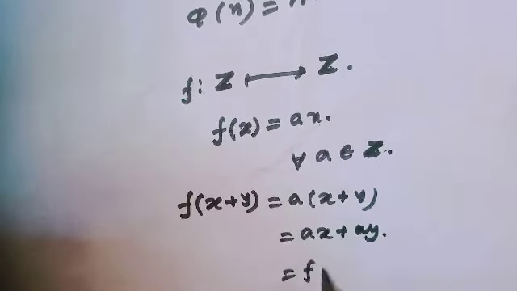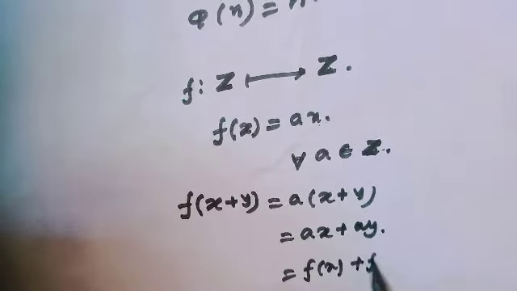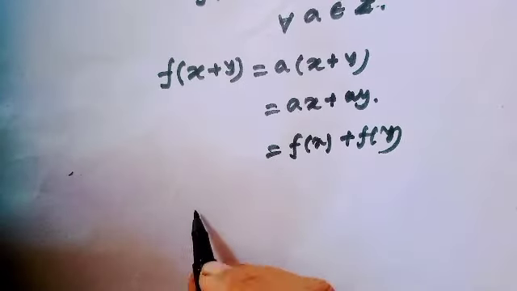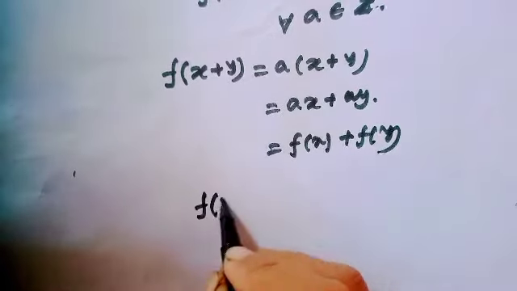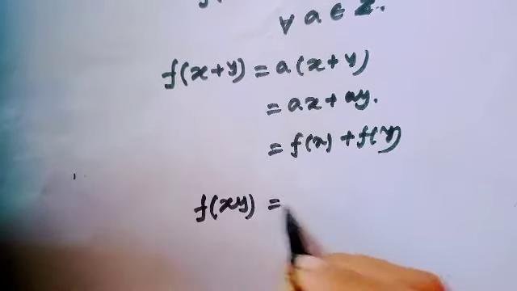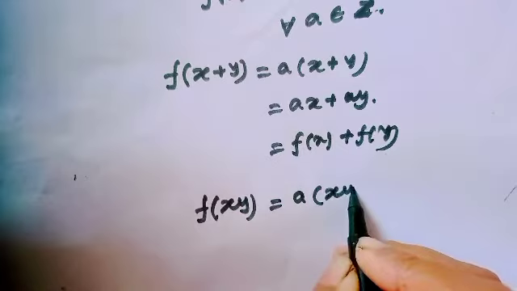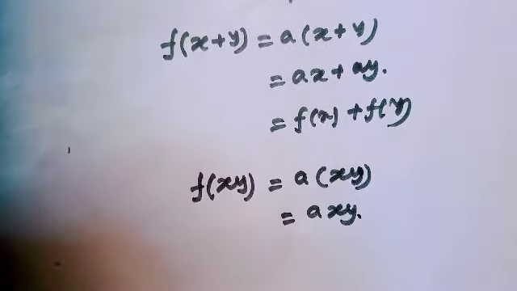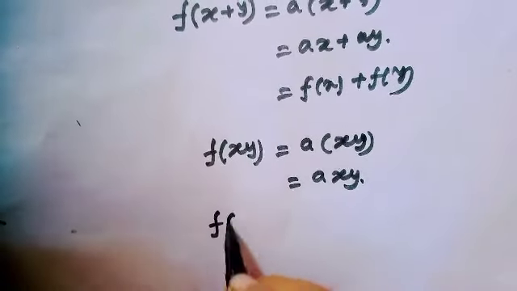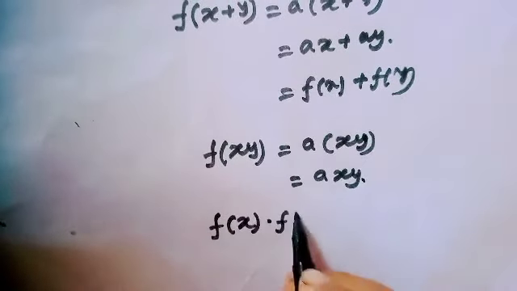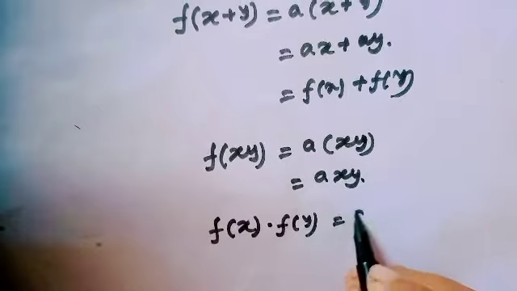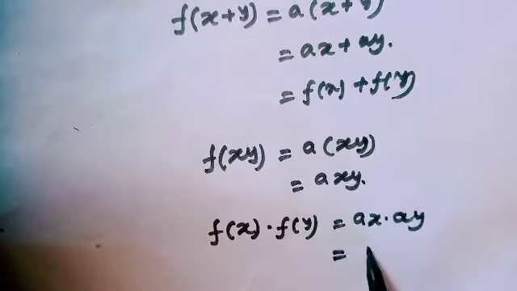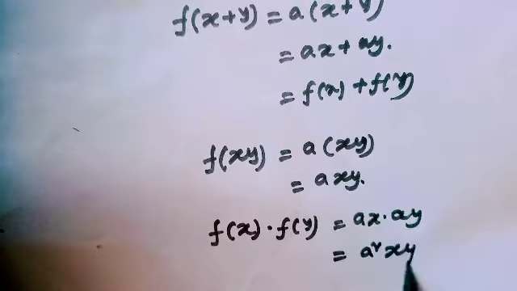That means this is equal to f of x plus f of y. And notice the multiplication, here the interesting thing. f of xy equals a times xy, which is equal to axy, but f of x times f of y equals ax times ay, which is equal to a squared xy.